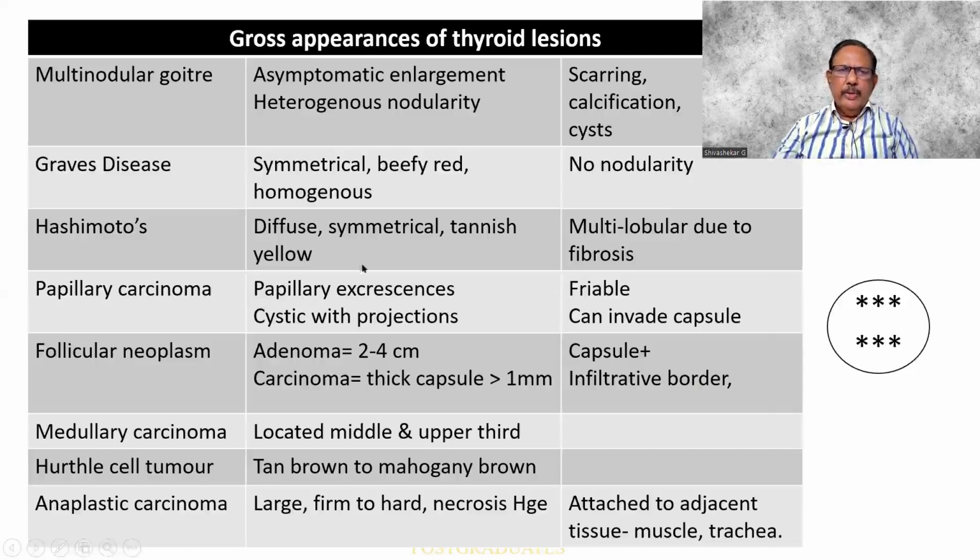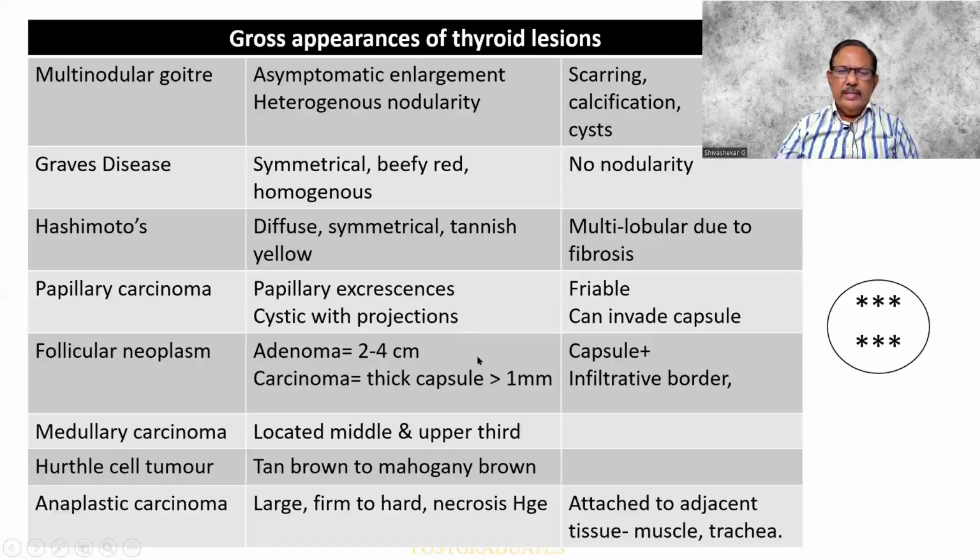Papillary carcinoma, papillary excrescences, cystic with solid areas. There can be projections. Otherwise, it can be friable and an invasion into the thyroid capsule can be noted. Follicular neoplasm, adenoma 2 to 4 centimeters or larger.